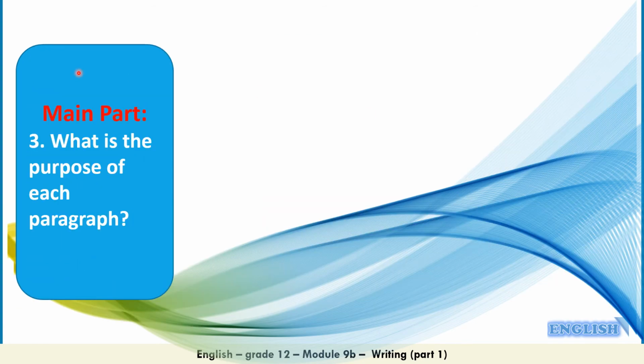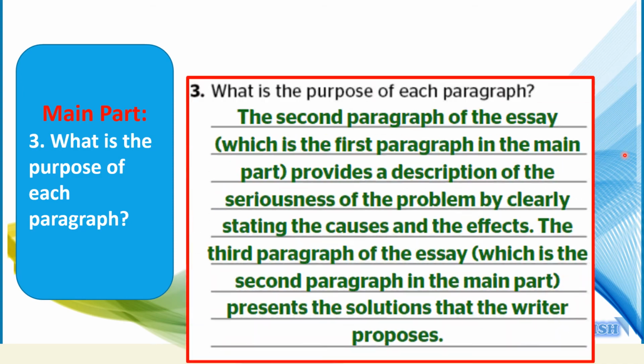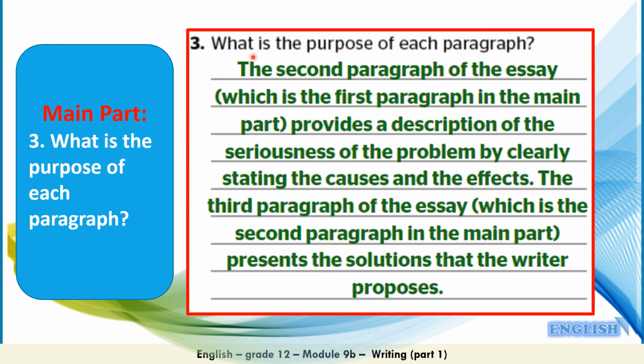Let's move to the main part. Question 3. What is the purpose of each paragraph? Okay. I mean paragraph 2 and 3. So the second paragraph of the essay, which is the first paragraph in the main part, provides a description of the seriousness of the problem by clearly stating the causes and the effects.